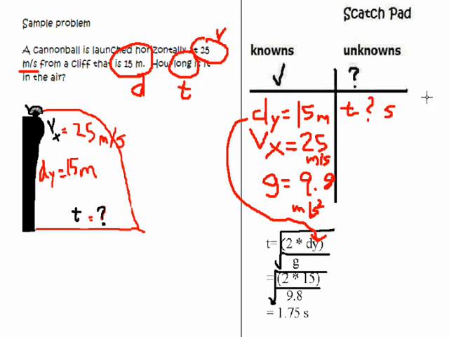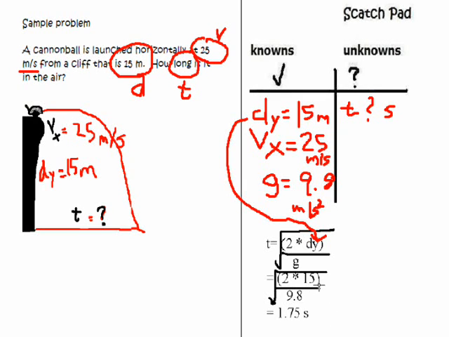Then I like to set up what I call a T-bar with my knowns and unknowns, and then I'll start writing them in the table. Once I have them all on the table, it's easy to see where they go in the equation, and I'll just substitute there. Gravity wasn't given in the problem, but we have to assume it's 9.8, and that the problem was done on Earth since nothing else was said about it.